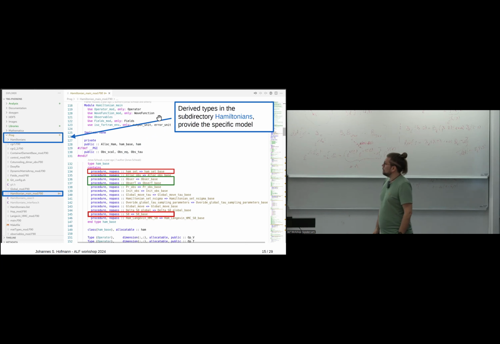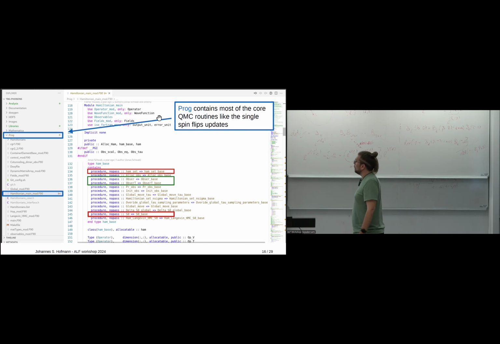All of this can be found in the subdirectory proc and then the subdirectory Hamiltonians, where you specify your different Hamiltonians, your different models, and define how they look. For those who are interested, inside proc, there is a routine called upgrade, where the single spin flip is implemented.